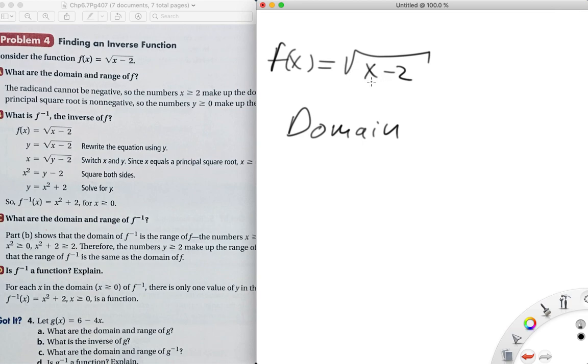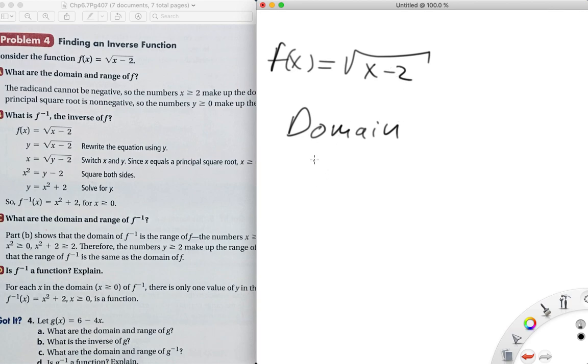Because x can't make the inside negative. So x has to be greater than or equal to 2, because if I put in 1, then I get -1, and I can't take the square root of a negative number without using imaginary numbers.